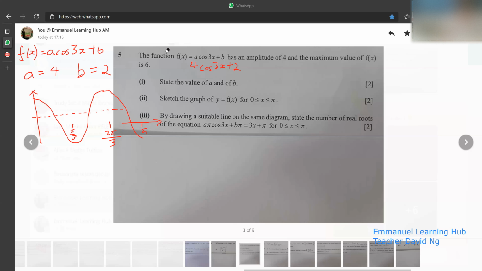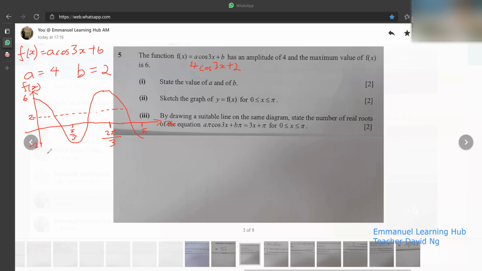Here would be my 6, here is 2, here is minus 2. This is f(x) and this is x. If you draw like that, you get the marks already.